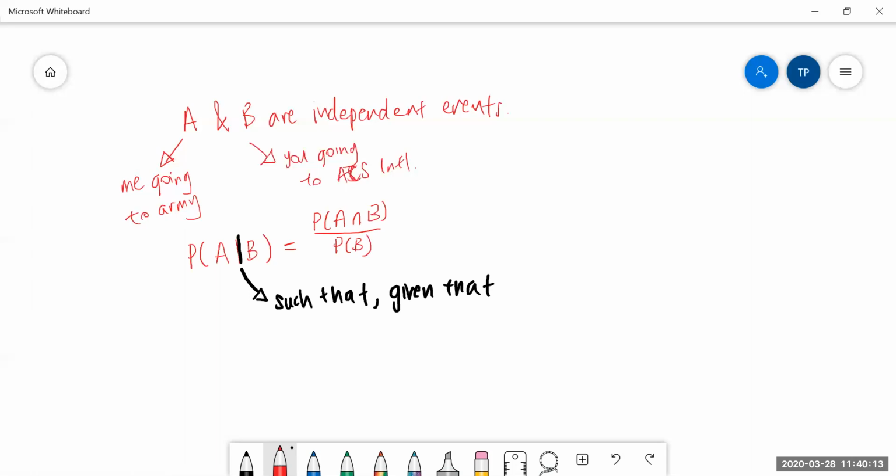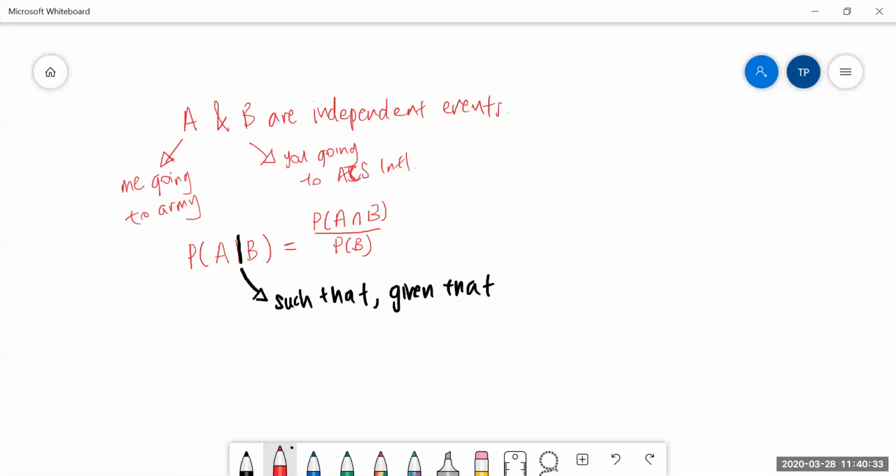If I'm not wrong, this formula is in your formula booklet. But is it necessary to memorize it? For my students, I always want them to memorize it.